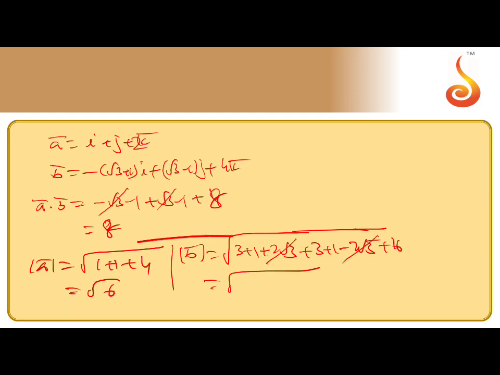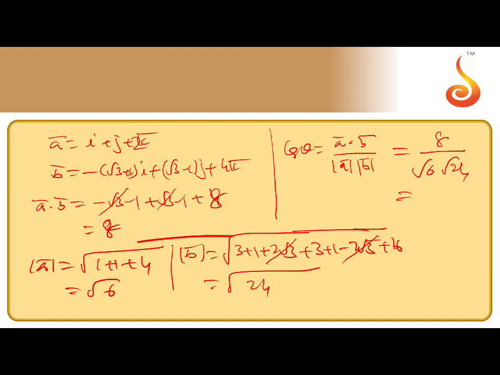So this value gives 3 plus 1, 4 plus 4, 8 plus 16, root 24. So now we can take the cos theta formula. What is the formula? A dot B by modulus A into modulus B. What is A dot B? 8 by root 6 into root 24.